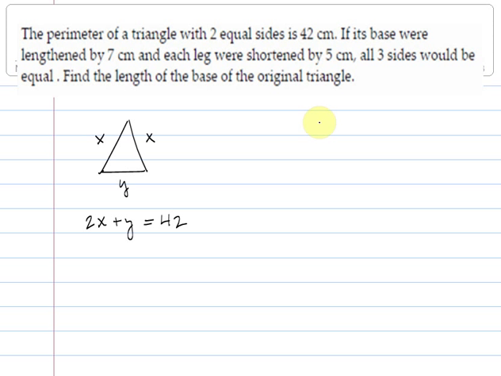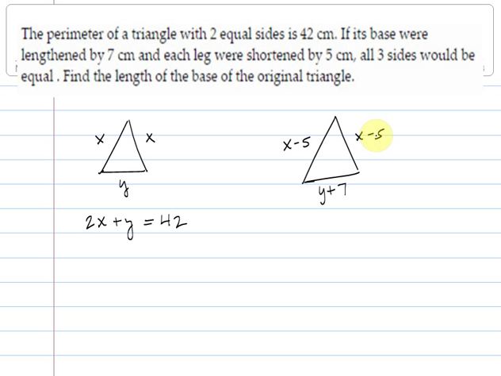Now, if we make some changes to this triangle, the changes that we're going to make will cause us to lengthen the base by 7. So instead of y, the base will be y plus 7. And then it says if each leg were shortened by 5 centimeters, so we're going to subtract 5.